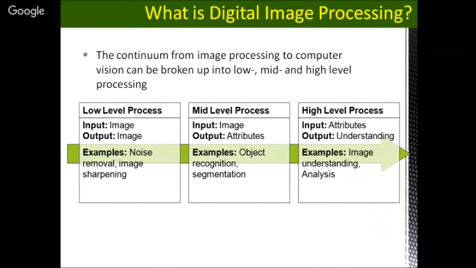Low level image processing, or in general any processing, means the input data, say an image in this case, is processed, say for noise removal or some kind of enhancement, and the overall image doesn't change much except the outlook. That is called a low level process, because the image remains another image. So the output of a low level process is another image.